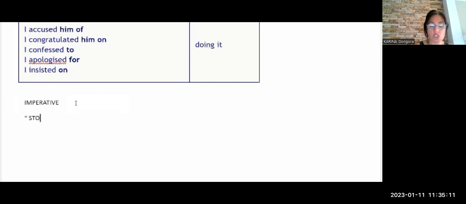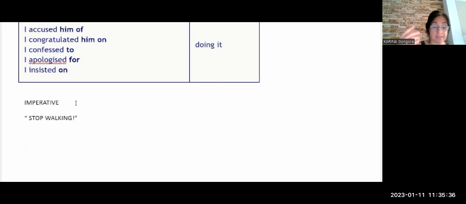One could be "Stop walking." So the person is walking and you say, stop walking, right? As you can see, there is no subject in this sentence. It is an order. Imperative sentences always start with a verb. They have no subject. That is a positive sentence.